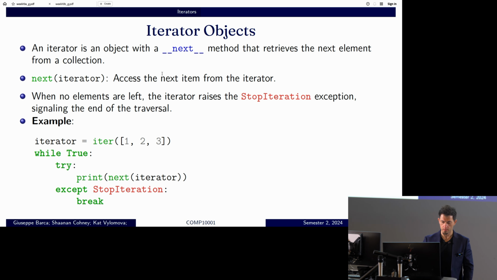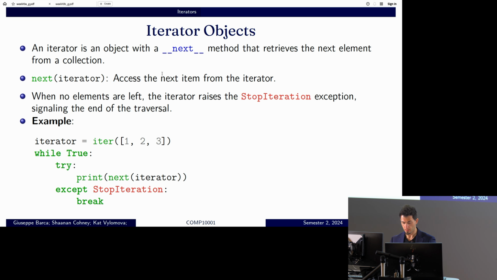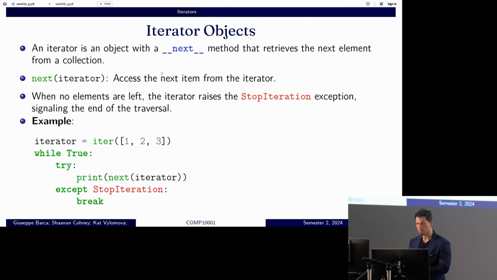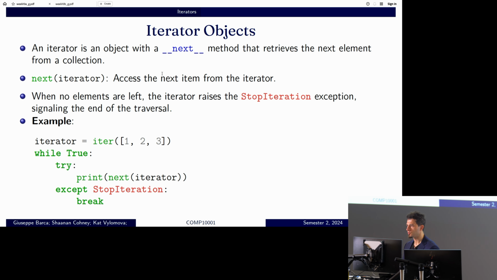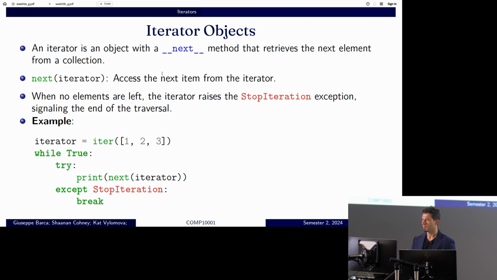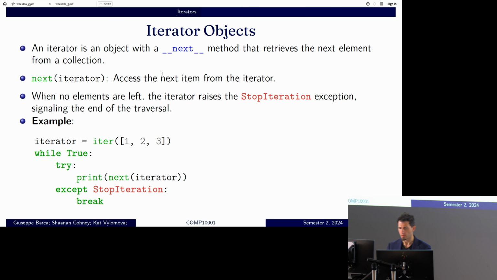Okay, so now an important point, we basically did this already. We looked at the fact that the iterator itself is an object with a next function, and every time we call next, we access the next item, and when we are finished with our container, we stop, we raise this exception that I can catch with an except block, right, and do whatever I need to do.